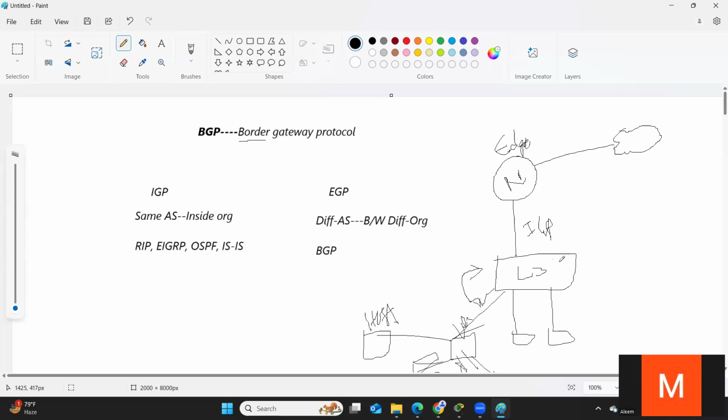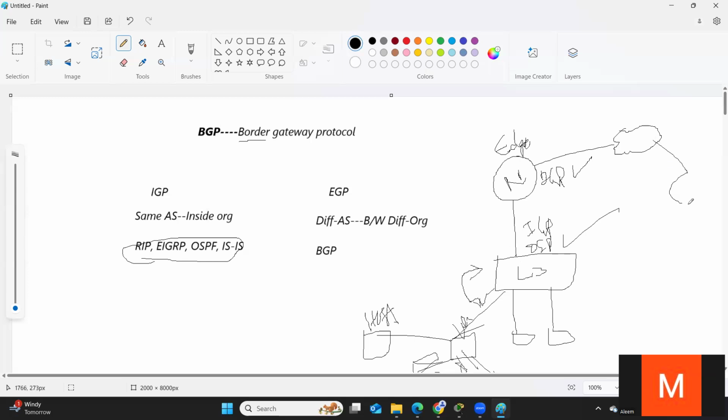These switches cannot maintain lakhs of prefixes, so that's why we use OSPF or another IGP protocol here, and BGP is used on the edge router. Here we use a different protocol, and there we use a different protocol.